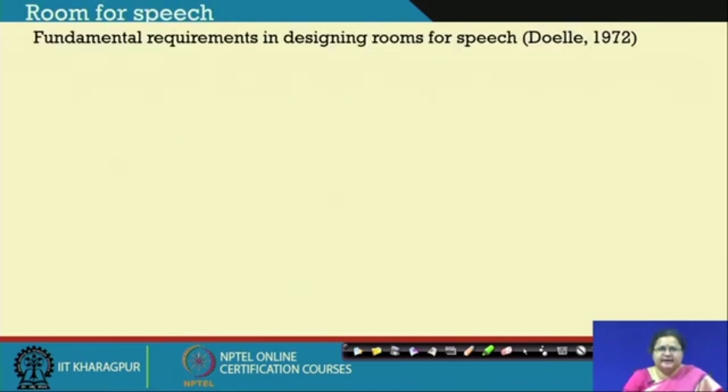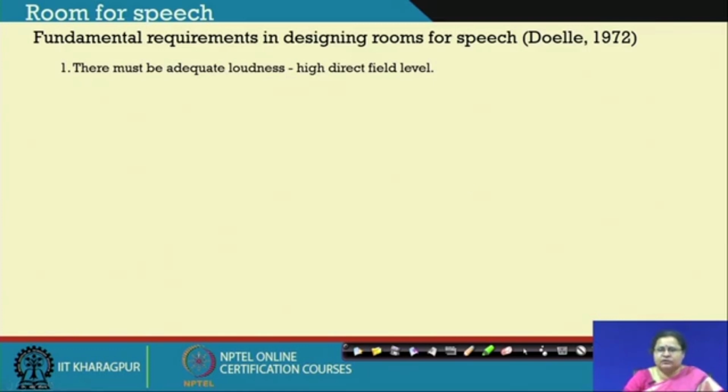So, now with this understanding, we find that when we are going to design a room for speech, the fundamental requirement, which was told by Doelle in 1972, is that there must be adequate loudness.